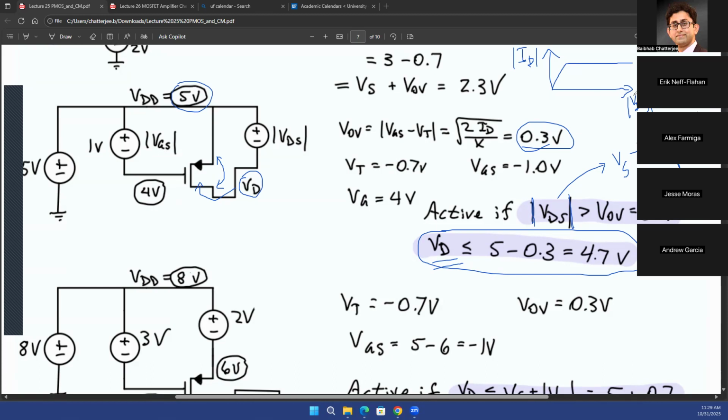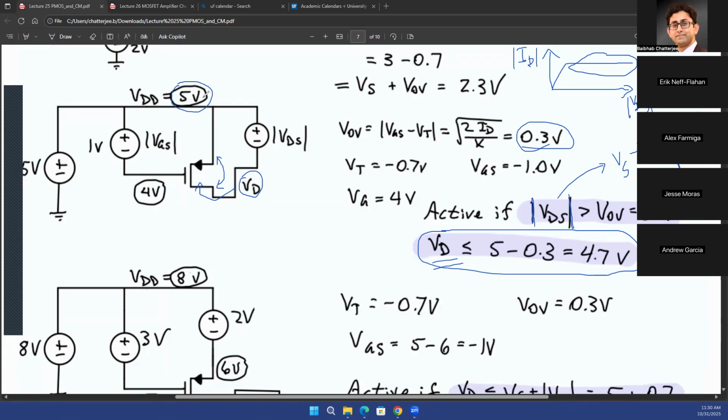Which means that the absolute value of VDS has to be larger than something so that your transistor is in saturation, because this is the region where you are in saturation. And for the absolute value of VDS to be larger than something, of course, VD needs to be smaller than a maximum amount in this case, because the source is already connected to 5 volts.